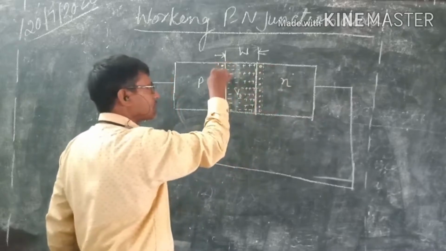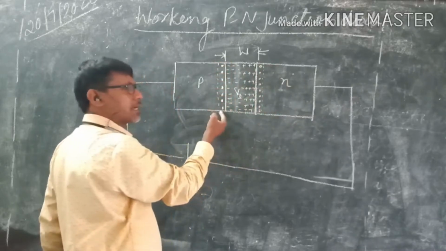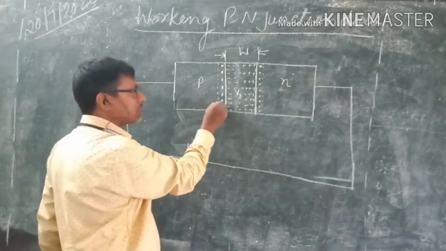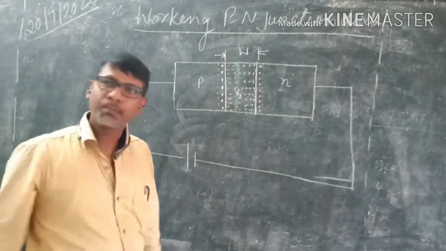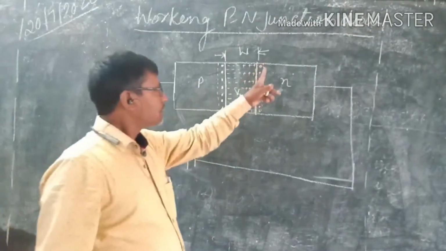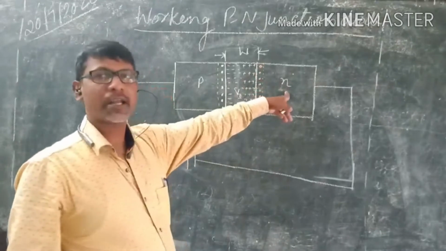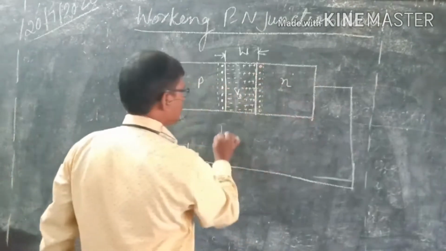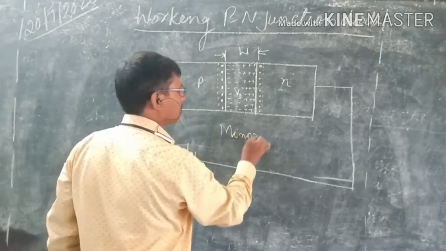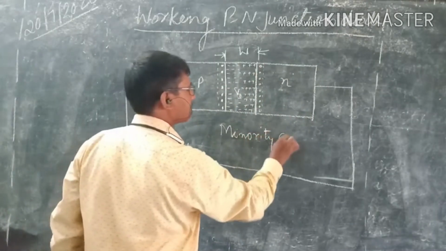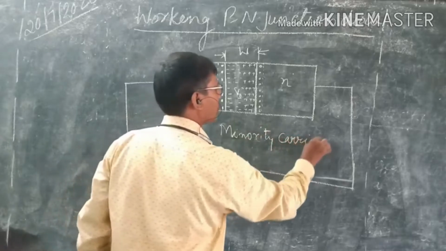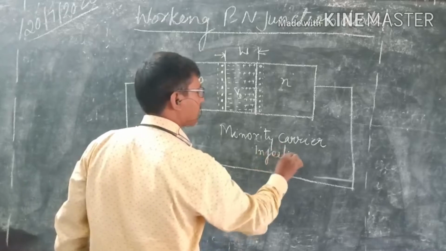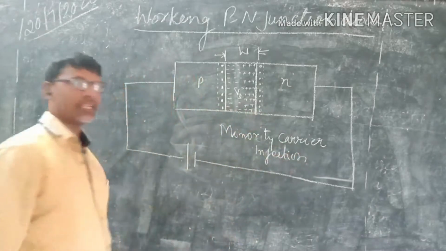Similarly, here some electrons have been injected in the P region. So the electrons here in the P region are the minority, and the holes in the N region are in minority. This process is called minority carrier injection. First of all, this happens.